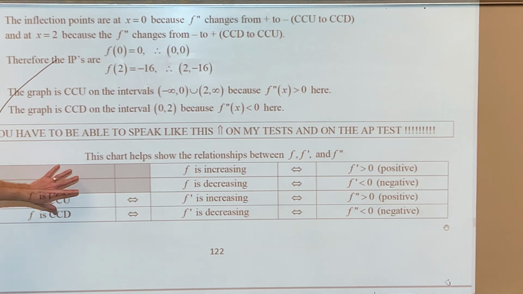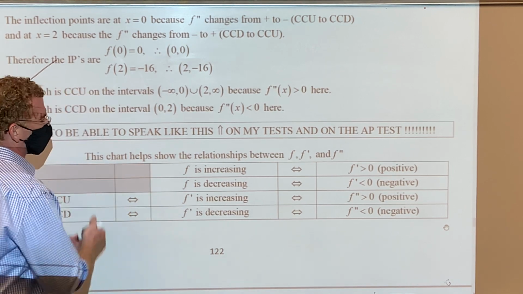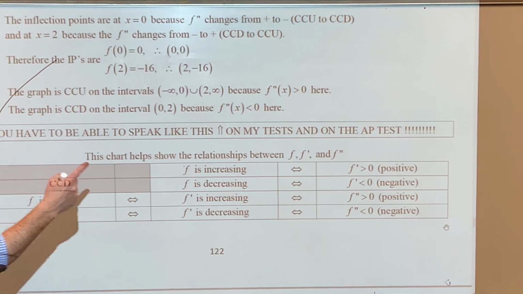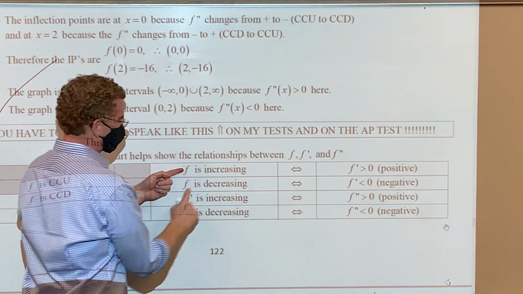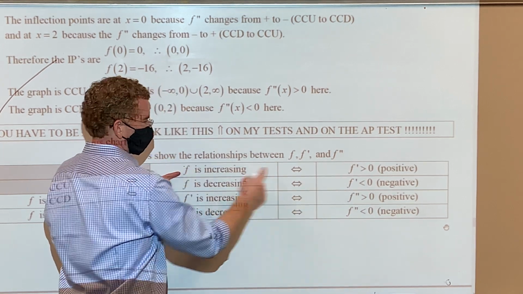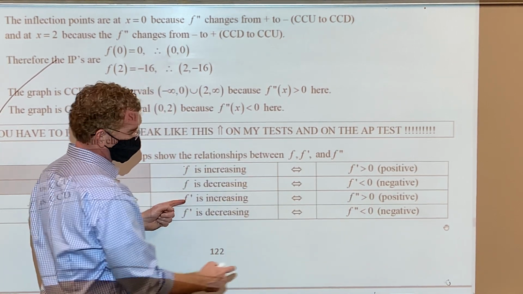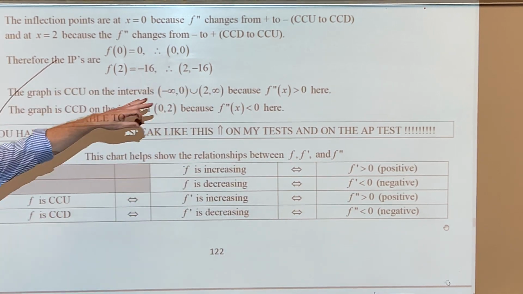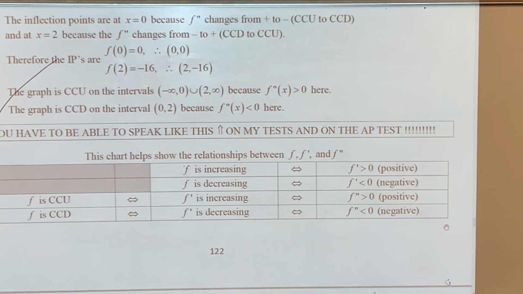Oh, I changed my chart up. Normally I write f increasing, and then I take the derivative of both, and I get f prime increasing, second derivative. This is in a different order than I originally wrote it up there. Sorry about that. But right here, would you agree that f is increasing?